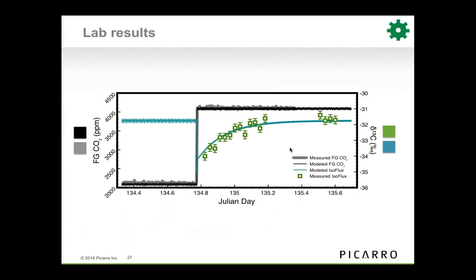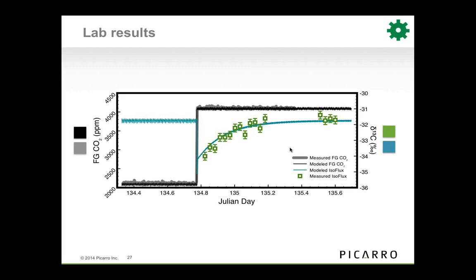The lab results from this were actually very, very good. What you're seeing here is a lab apparatus where we were able to instantaneously double the amount of CO2 flux coming out of the apparatus, and that causes a disequilibrium effect for the isotopes, which is what you're seeing in the turquoise.